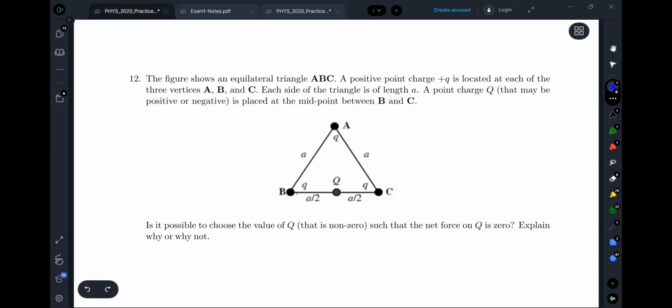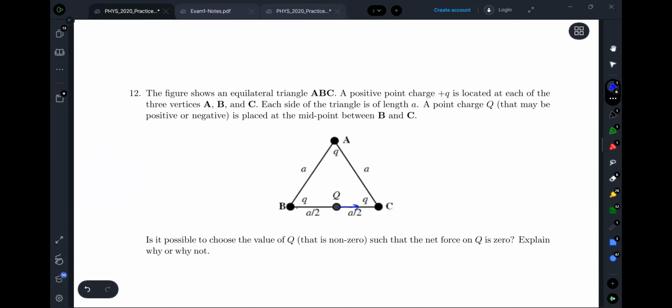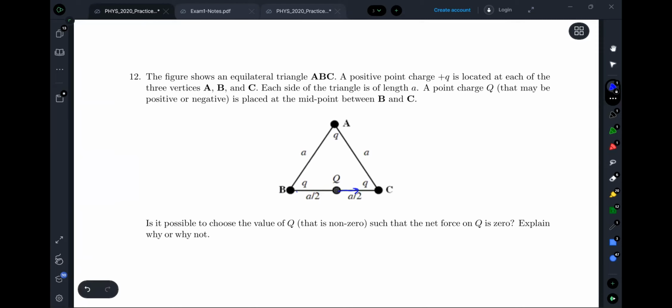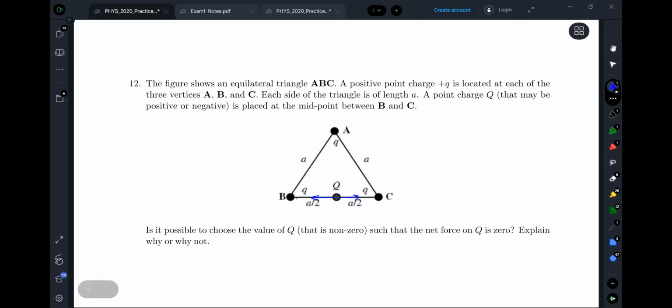It's going to be pushed that way. And then C is going to push on it the other way. So what can we say about those two forces?